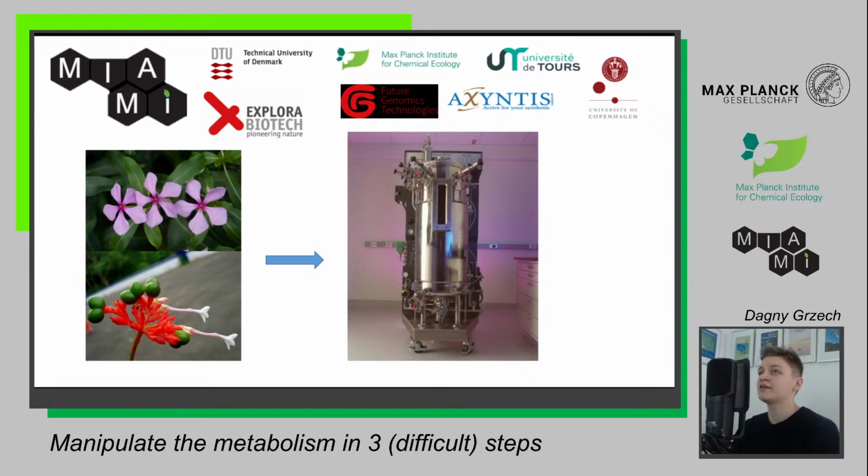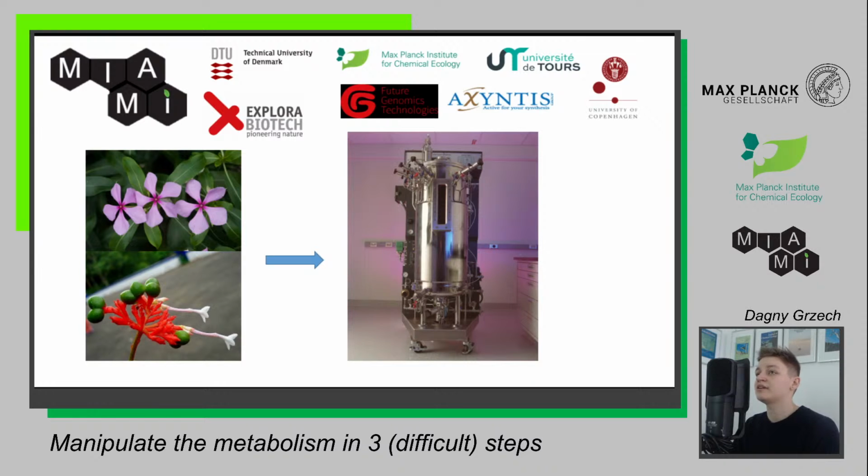And as the Miami Consortium, what we are trying to do is actually discover these biosynthetic pathways that lead to production of these interesting compounds. In our case, it's monoterpene indole alkaloids. This is where the first part of our name actually comes from, MIA. We are trying to make the production of these monoterpene indole alkaloids more accessible in microbial platforms.